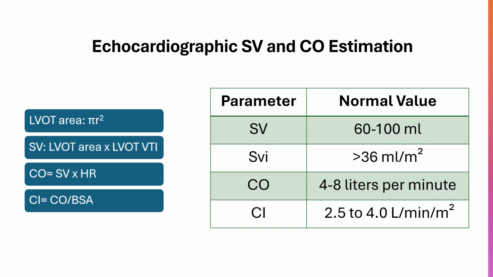Our cardiac output will be stroke volume times heart rate, and the cardiac index will be cardiac output divided by body surface area. On the right part of the screen, you see a table with normal values. SVI stands for body surface area adjusted stroke volume. Please pause the video if you need more time to review the slide.